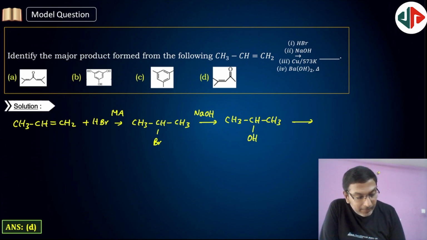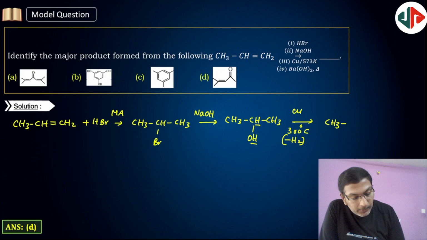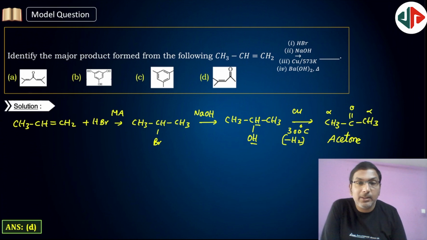Next, with copper at 300 degrees centigrade, dehydrogenation, minus H2. Hydrogen will be eliminated to form acetone. Acetone contains alpha hydrogens, therefore it undergoes aldol condensation.